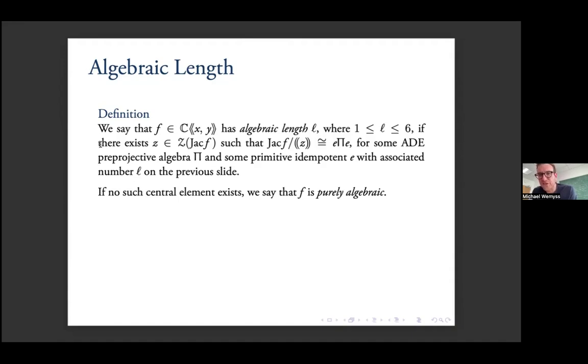Of course, it's certainly not clear that such a central element exists. If it doesn't exist, we say it's purely algebraic, so somehow it doesn't come from geometry.